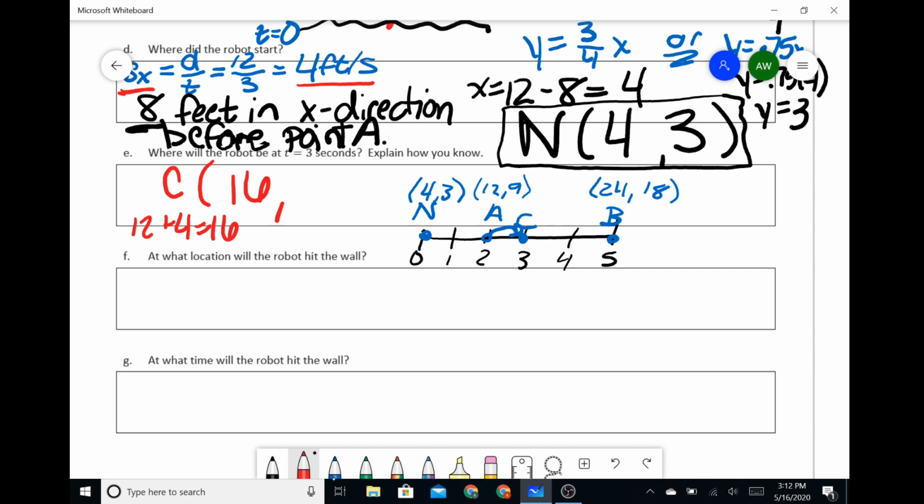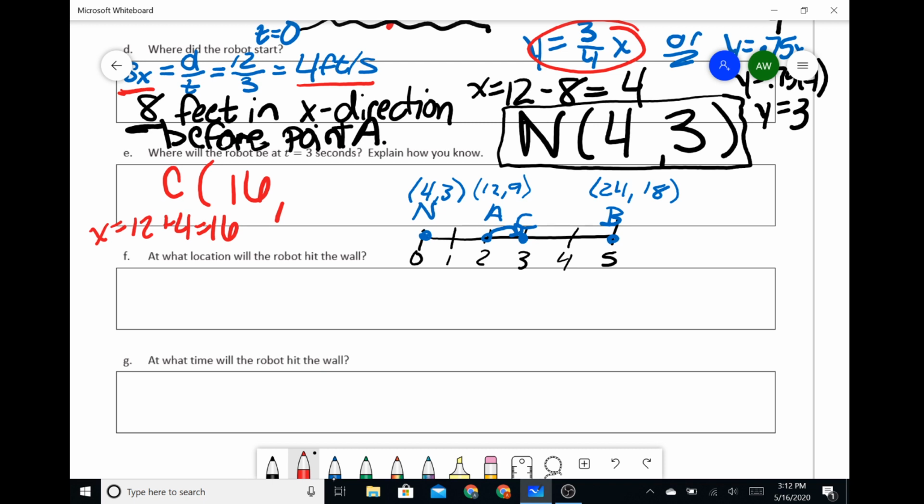And then we have to figure out what is our Y value. Right? Now we could also find the speed in the Y direction, and we could do the same thing where we're adding that speed on or taking it away. But what we could also do is just plug into that equation that I mentioned up here, right? I also wrote it as Y is equal to 0.75x, and we can just plug this X value, which is 16, in there, right?